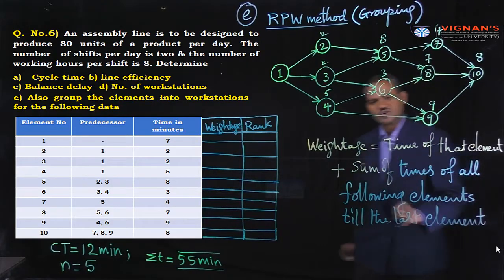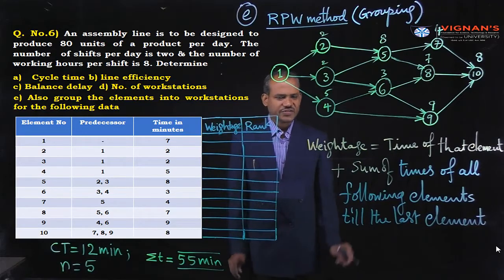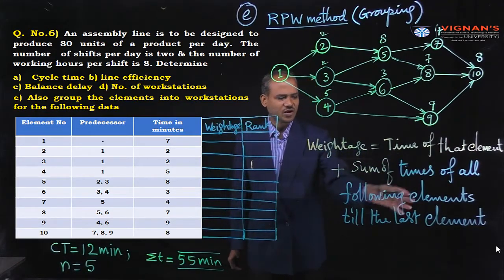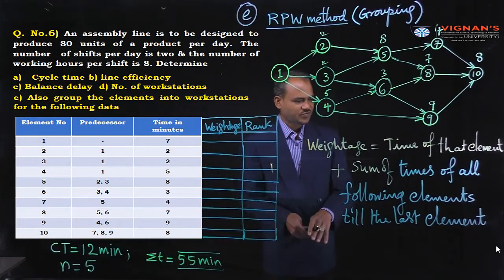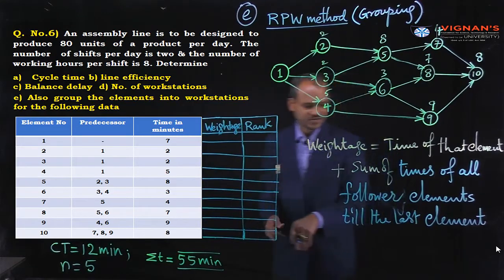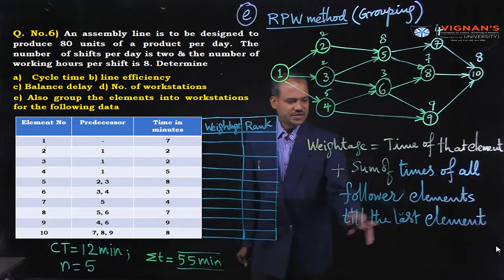This is the formula to calculate the weight of each element: time of that element plus sum of times of all follower elements, till the last element.